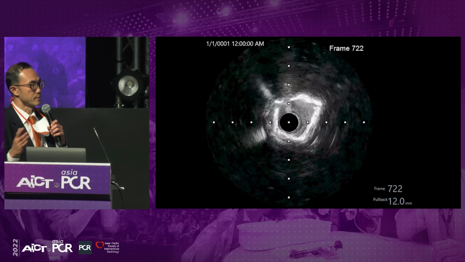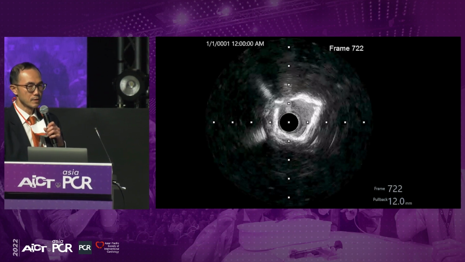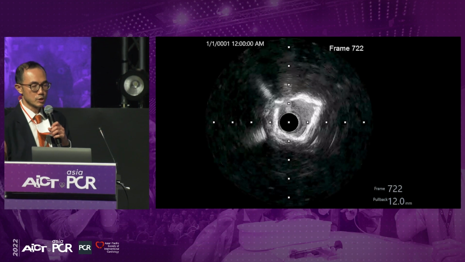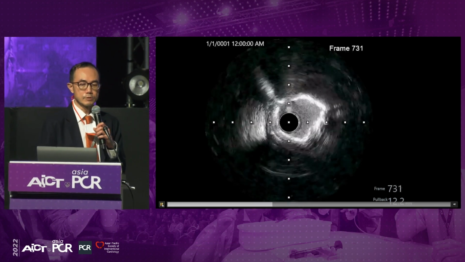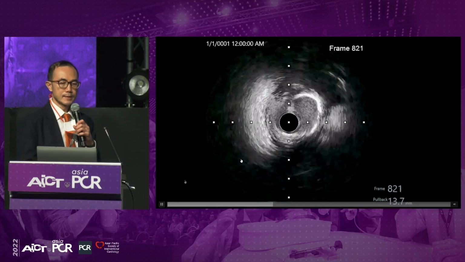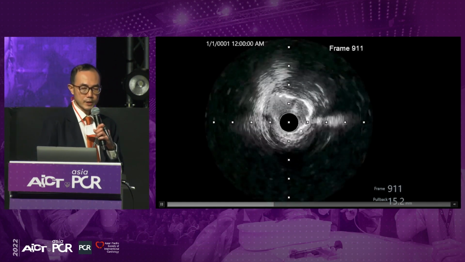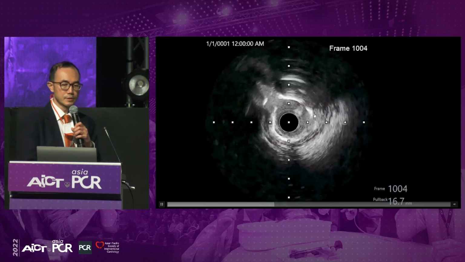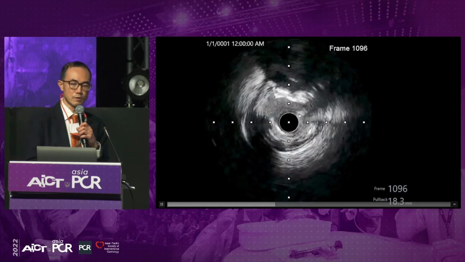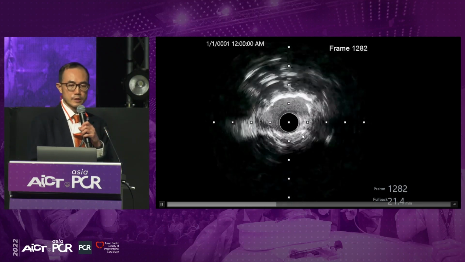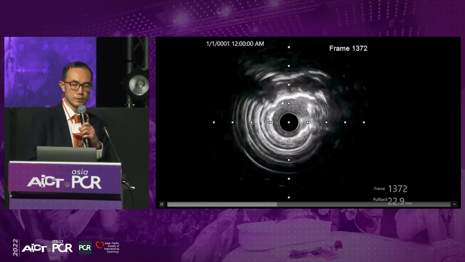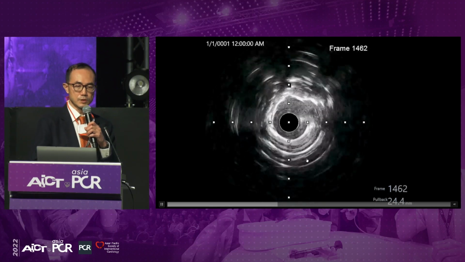So if you had decided on using increasing size burr or orbital, it's always good to repeat it to see where you are now, and that will then guide you in the next step. You can see that there are now more fractures resulting from the use of the scoring balloon. And at least at this juncture, you can see that the calcium has been broken up into several pieces.